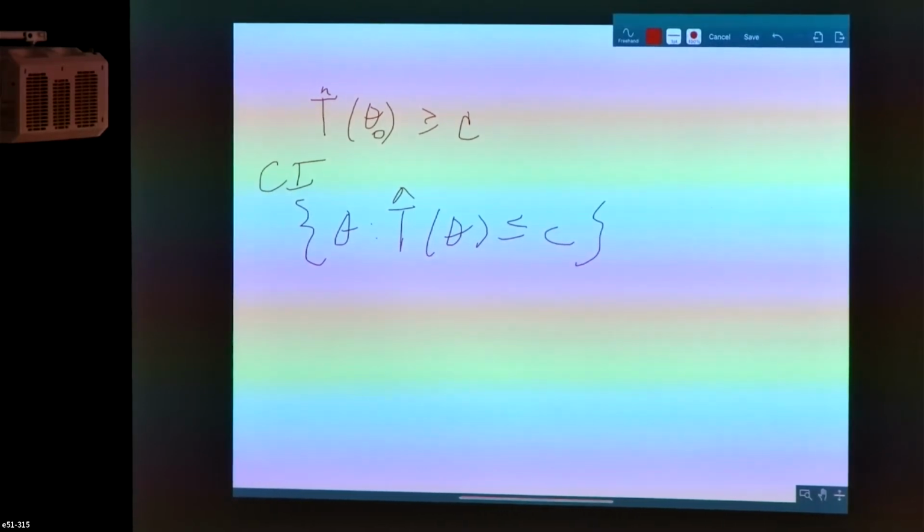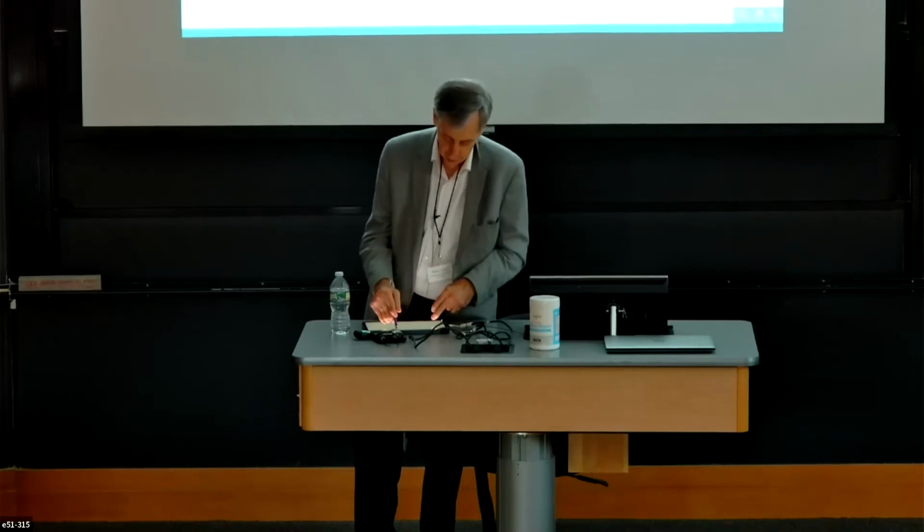And so that gives you the right probability, because what you want to say is that your confidence interval contains the true parameter with some probability that approaches the nominal level. Well, the true parameter, okay, so let's see, you know that the probability that T hat of theta naught is less than or equal to C is the right one.